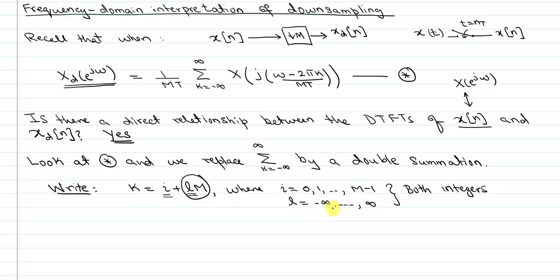For example, when l equals 0, i ranges from 0 up to M minus 1, so I cover k equal to 0 up to M minus 1. When I have l equal to 1 and vary i, I cover k from M up to 2M minus 1, and so forth. So once we are convinced that this one index can be replaced by two indices, then we can rewrite star as follows.